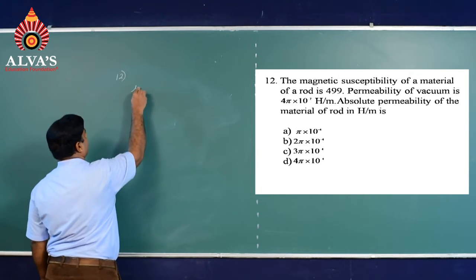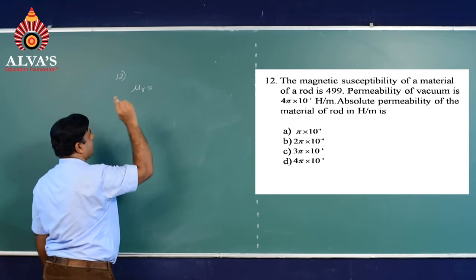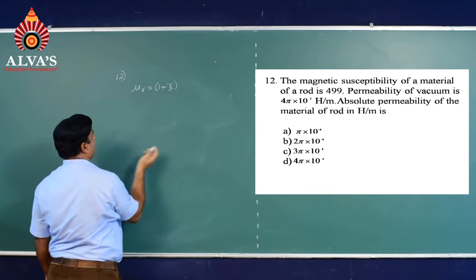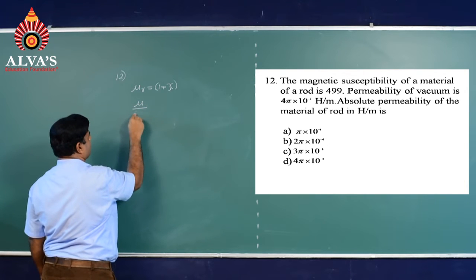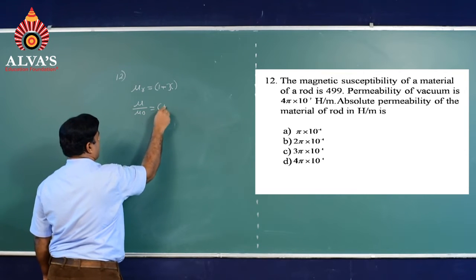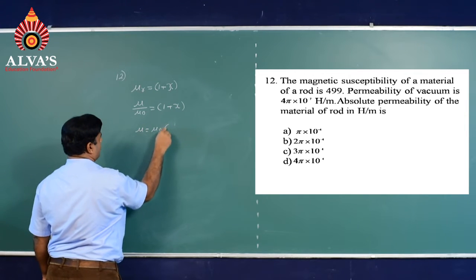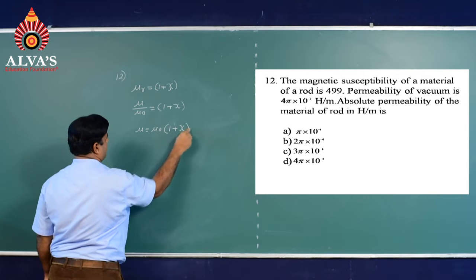The formula for relative permeability mu r is 1 plus chi. Mu r can be written as mu by mu naught, which is 1 plus chi. Therefore, mu equals mu naught into 1 plus chi.